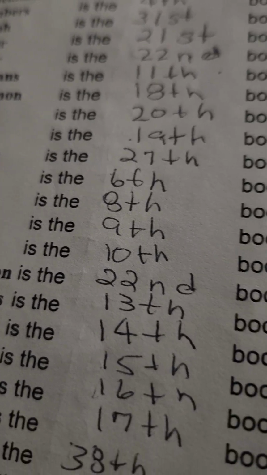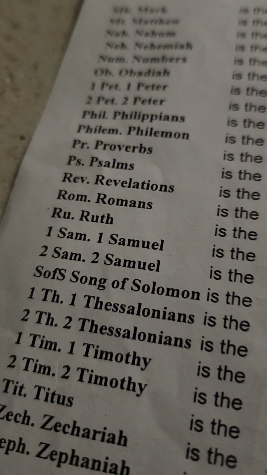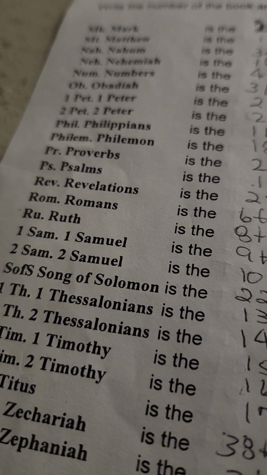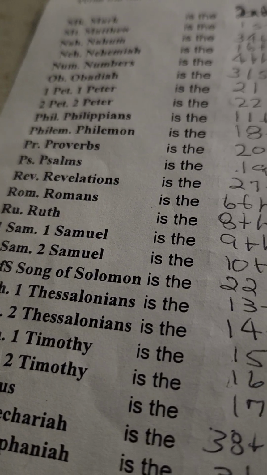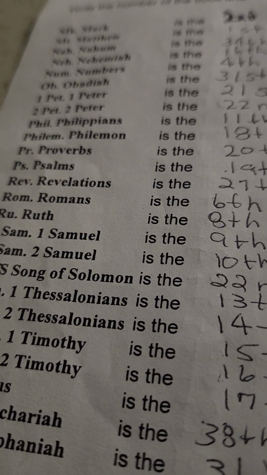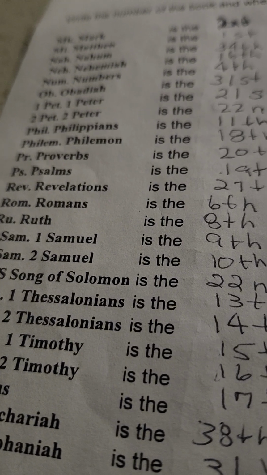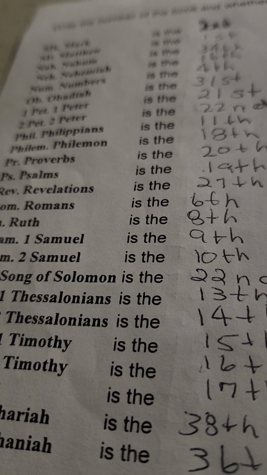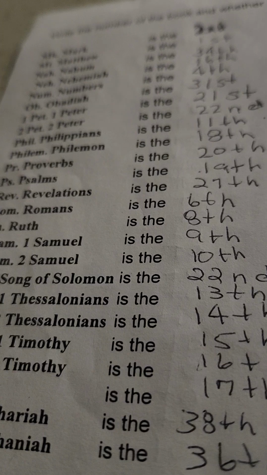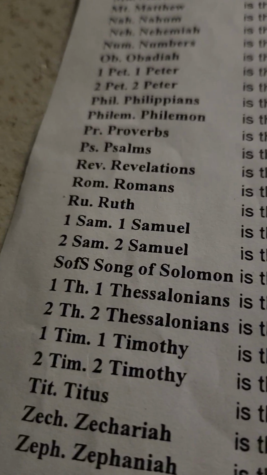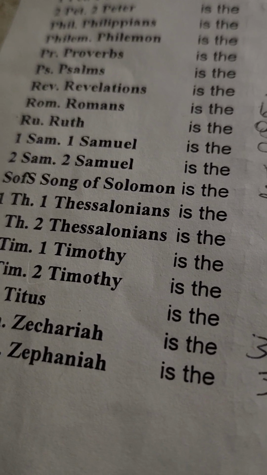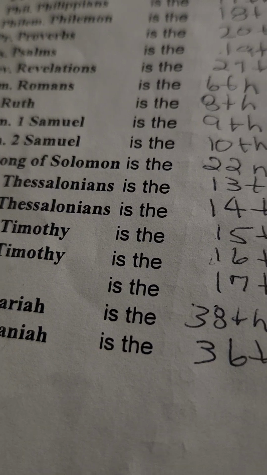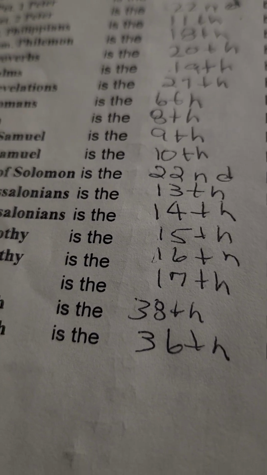Revelation. That's the last book. So you have to know that. You got to tell me what's the first book in the Old Testament, what's the last book in the Old Testament, what's the first book in the New Testament, what's the last book in the New Testament. So that's your trivia questions.